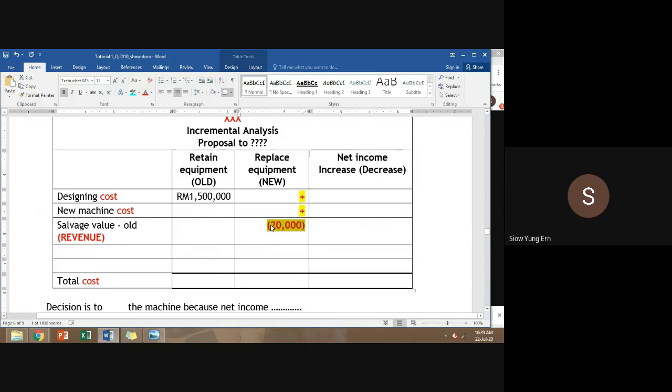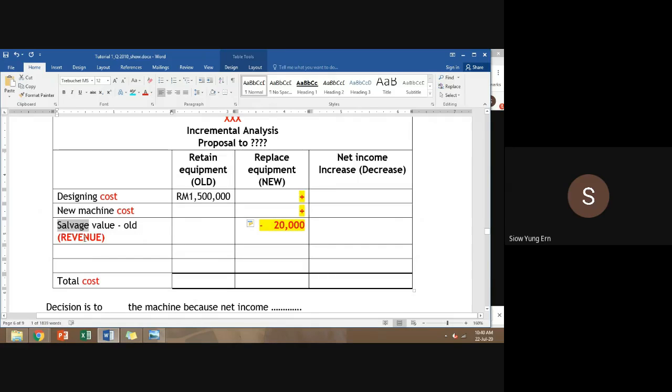Okay, but if you decide not to put, also no problem, class. So you just remember later this one, you need to minus this 20,000. Because this is cost, designing cost. This machine is also cost. And finally, you want to find cost. But salvage value, you receive money. You receive the salvage value.